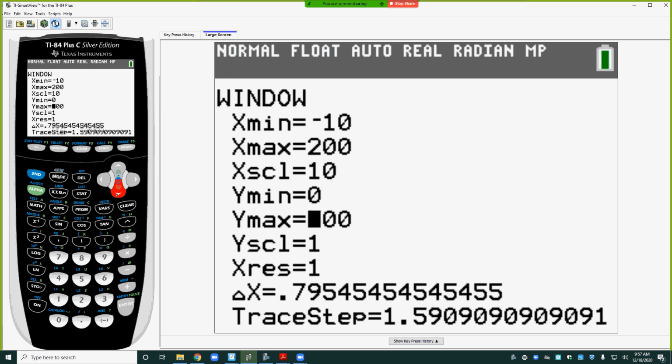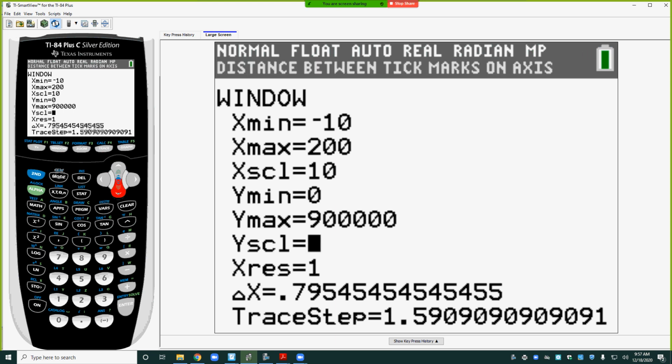I could do a zoom 0 and let the TI figure out what the range is and open the window up according to the range. Or I can say, hey, that upper limit is 900,000. And I'll probably want to count by, I don't know, 10,000. And graph.